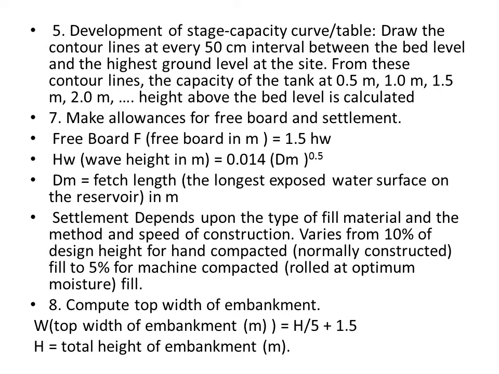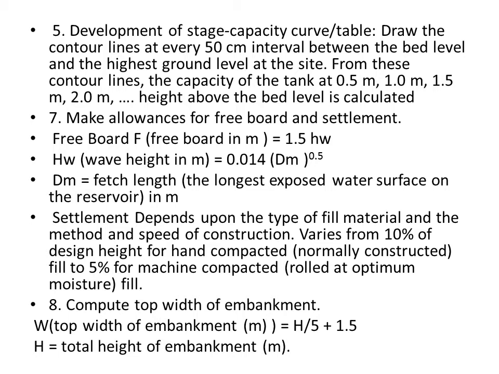If it is labor oriented construction, then we have to make a provision of 10% of the design height for settlement, or if it is machine compacted, we have to go for 5%. That means you have to construct the height an extra 10 or 5% depending on the type of construction procedure used.